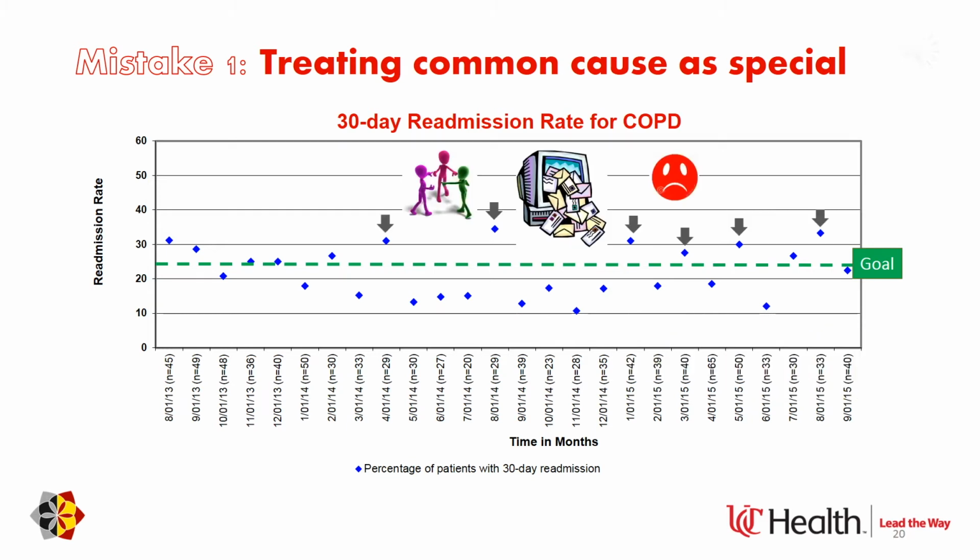For the months when the readmission rate was higher than the goal, we get stuck trying to find its cause. We blame people or find someone to blame, send a bunch of emails, and get demoralized. The frontline staff wonder, what did they do different this month that the outcomes are so bad? And how can they replicate the outcomes of a good month?